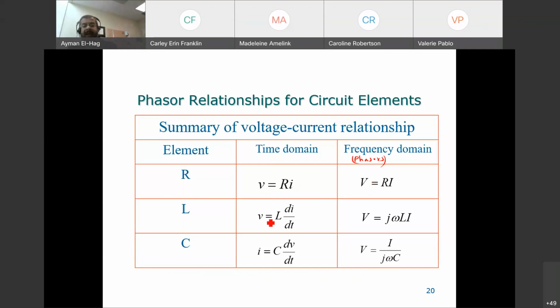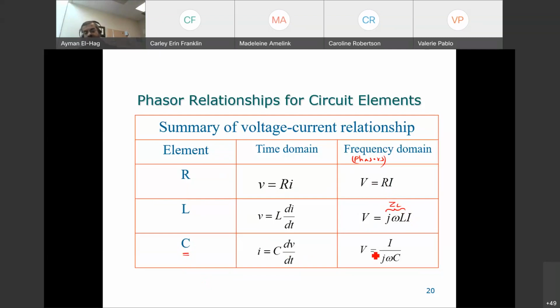Now for the L, V is equal to L di by dt. This is the relationship that governs the voltage and the current. But in frequency domain, we use Ohm's law. Here it is V equal to, this is what we call ZL, the impedance, times I. Here R times I. Here it is ZL times I. When it comes to the capacitor, I equal to C dV by dt.